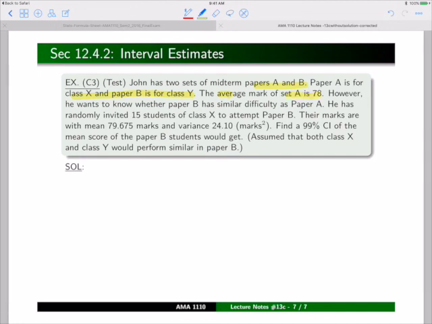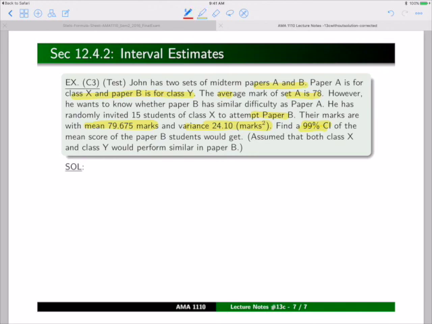However, he wants to know whether paper B has similar difficulty as paper A. So he invited 50 students from class X to take paper B. Their marks on paper B were 79.5 with sample variance 24.10. Find the 95% confidence interval of the mean score of paper B taken by the class X students. Assume that both class X and Y students perform similarly on paper B.